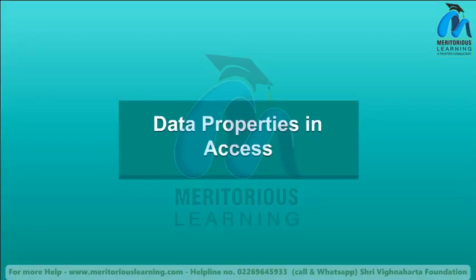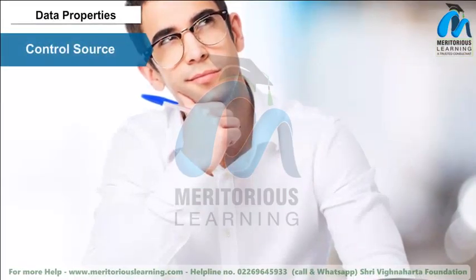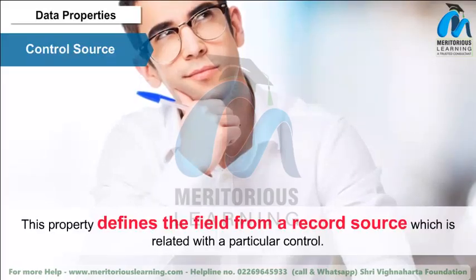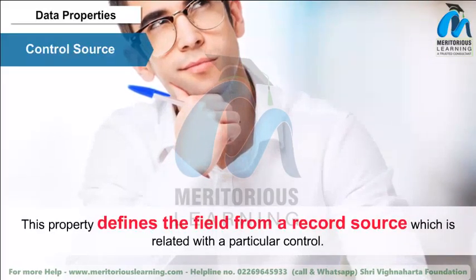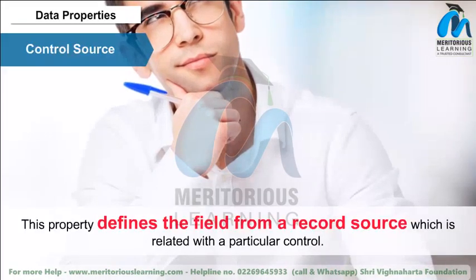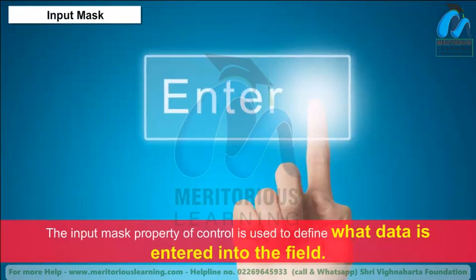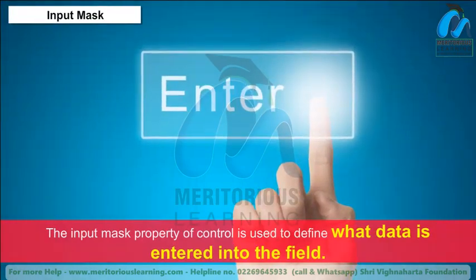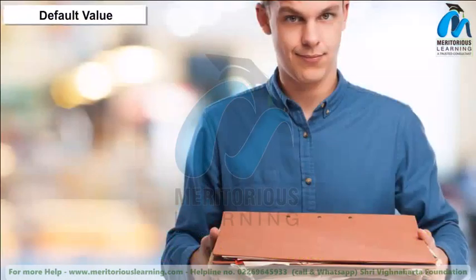Data properties in Access. Data properties. Control source. This property defines the field from a record source which is related with a particular control. Input mask. The input mask property of control is used to define what data is entered into the field. Default value.